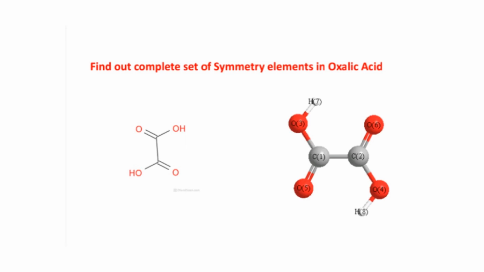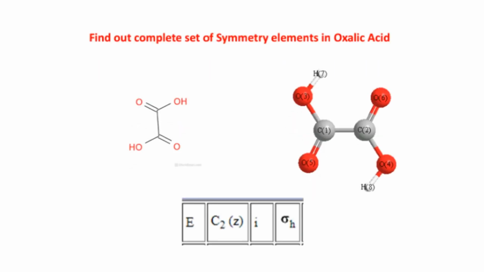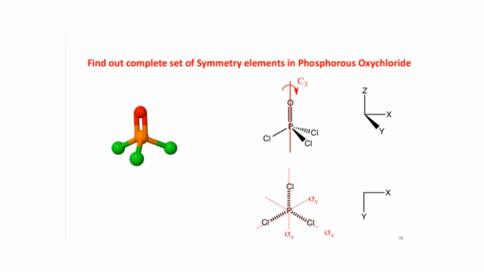So you can see that if we rotate this molecule clockwise and anti-clockwise, there is no change in the shape of this molecule. So here are all the symmetry elements of this molecule: E, C2z, i, and sigma h are present as the symmetry operations.